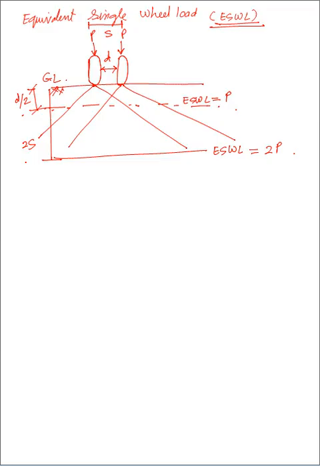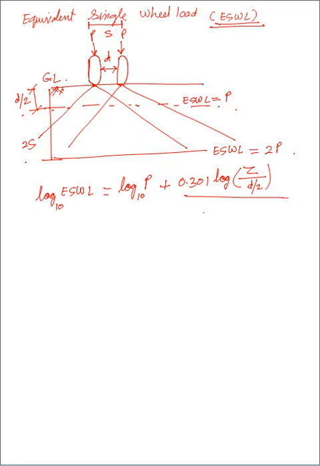Now one formula which you need to remember is log ESWL, log to the base 10, is equal to log P to the base 10 plus 0.301 log Z upon d by 2, divided by log 2S divided by d by 2.